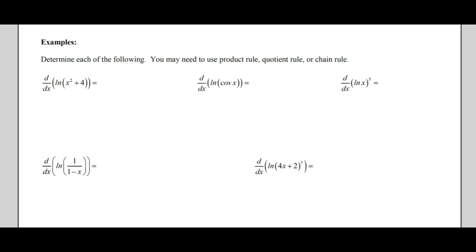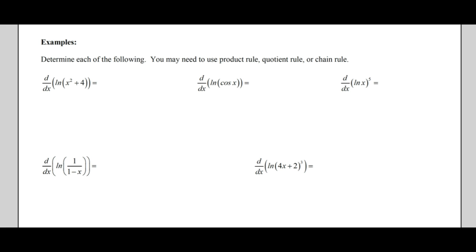Okay, determine each of the following. You may need to use product rule, quotient rule, or chain rule. So the derivative with respect to x of the ln of x squared plus 4. What's the derivative of ln x? 1 over x. What's the derivative of ln of x squared plus 4? 1 over whatever's in the bracket, right?